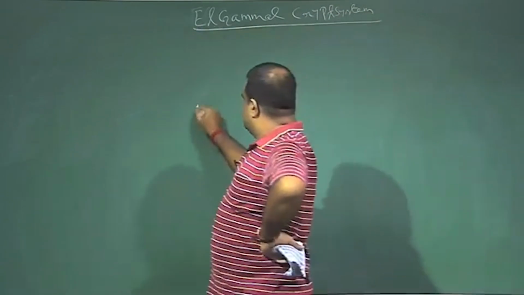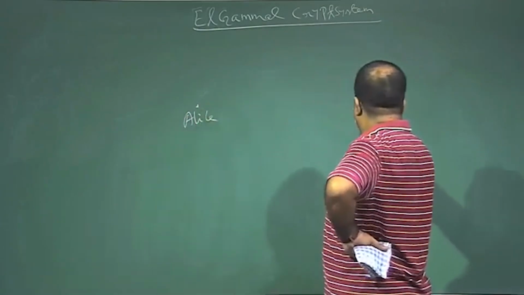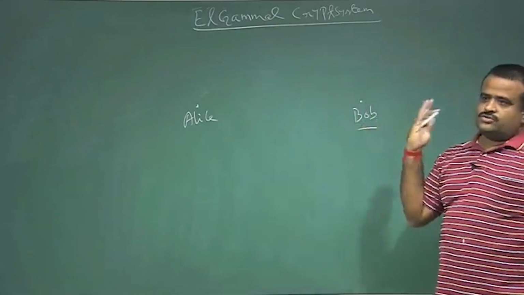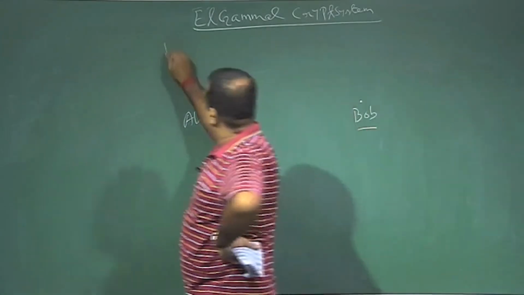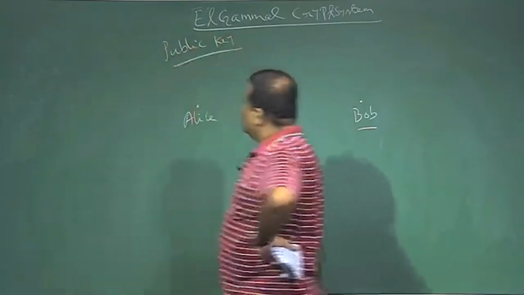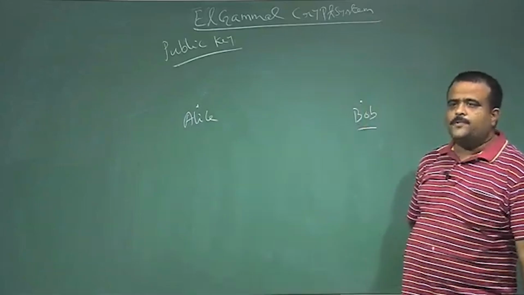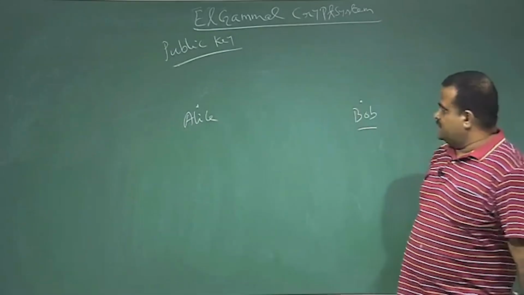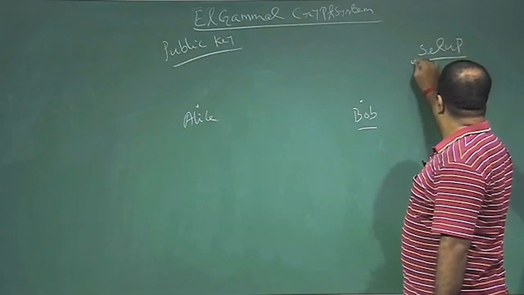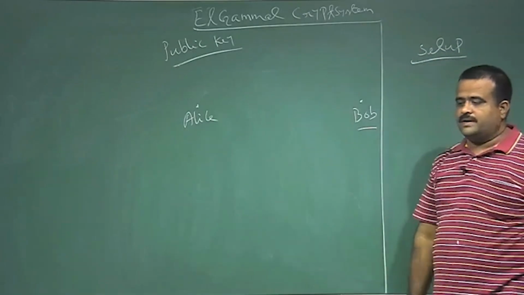The same story: Alice wants to send a message to Bob. Bob is the receiver and Alice is the sender. This is the public key setup. Alice needs Bob's public key in order to encrypt the message, so this setup has to be done by Bob. Bob has to generate his public key and private key pair.